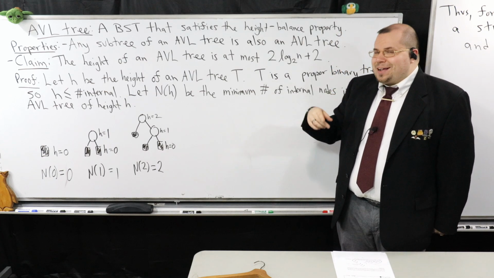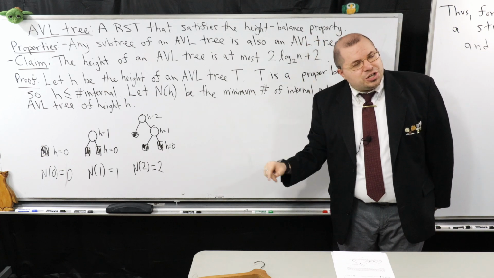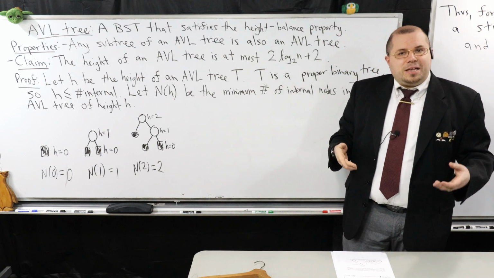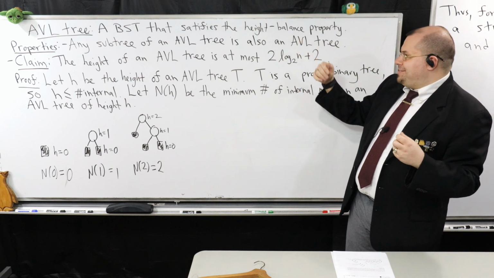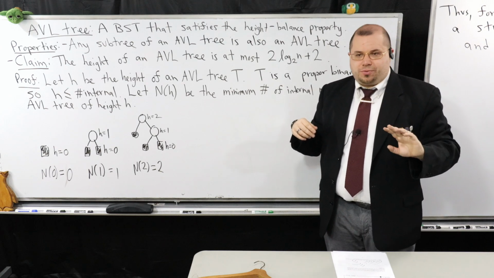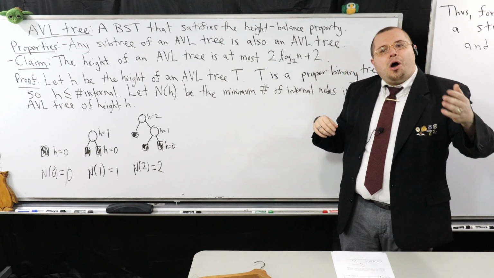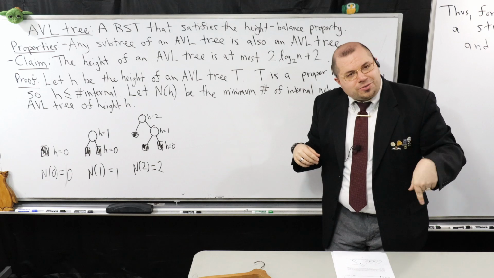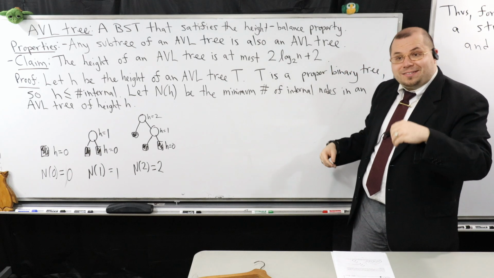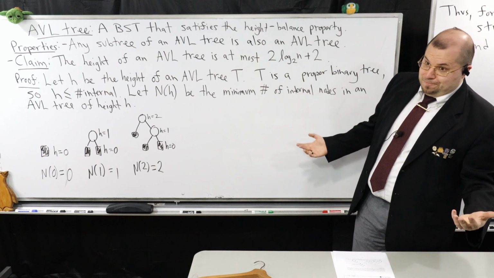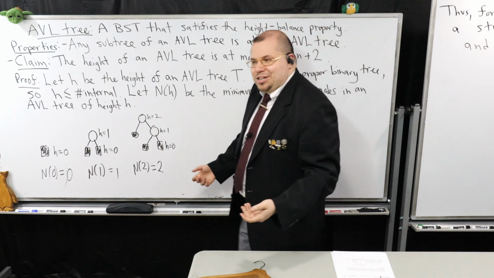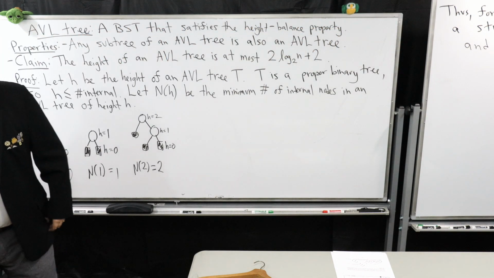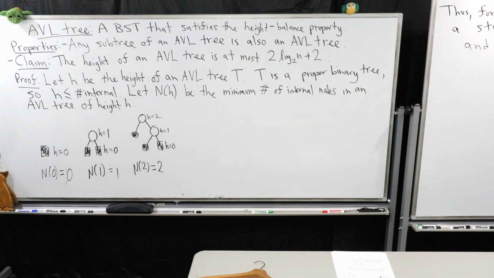Remember, at every one of the internal nodes, the height balance property has to be satisfied. So if I give you any one subtree of an AVL tree, all of the nodes in that subtree that are the internal ones have to satisfy the height balance property. So it's essentially just a given, because it has to be holding for all the nodes. That includes that subtree.